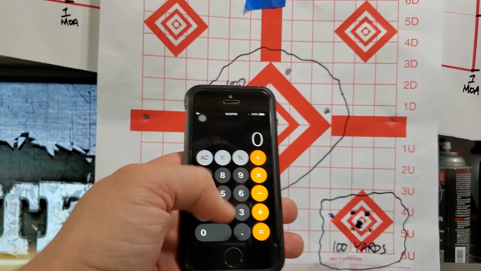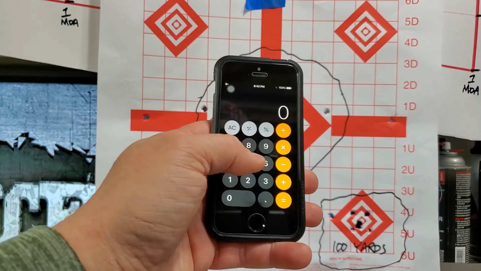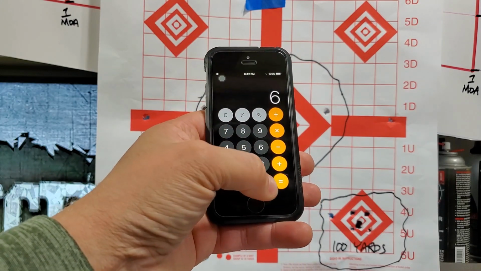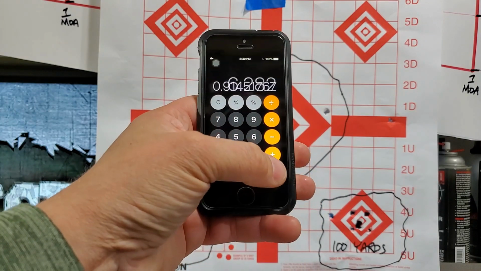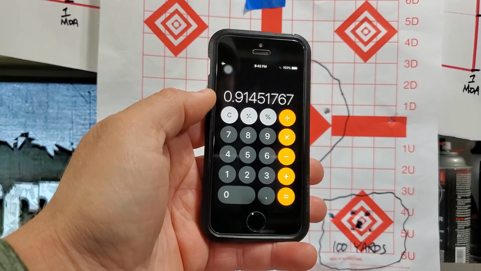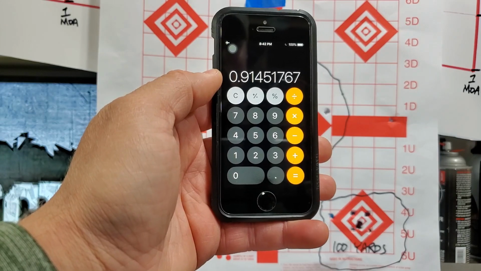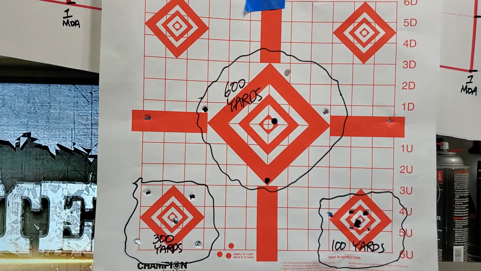We are going to take 5.745 and we're going to divide that by 6.282. Well, that group size is truly sub MOA. It is 0.914 minutes of angle in size at 600 yards.